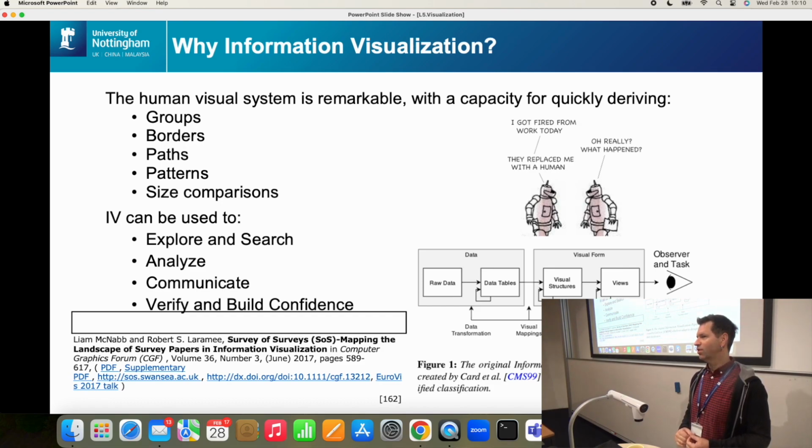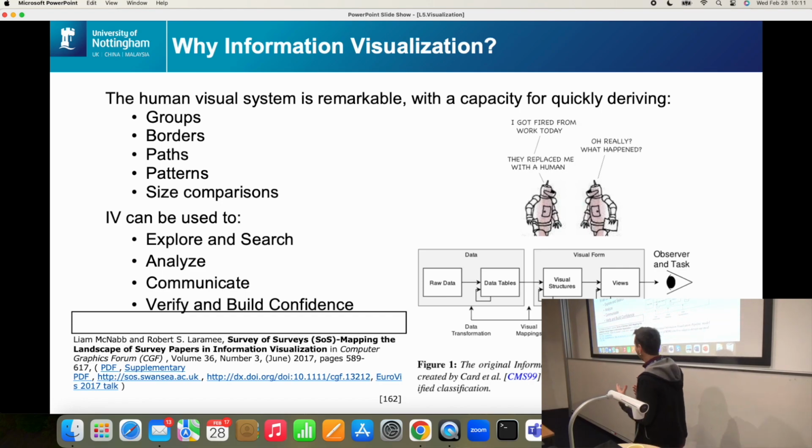Visualization is very good at highlighting and pointing out systematic error and systematic flaws. That's usually the first thing that happens, actually: you generate an image of a data set and you discover there are problems in there. So visualization is good at verifying and building confidence.